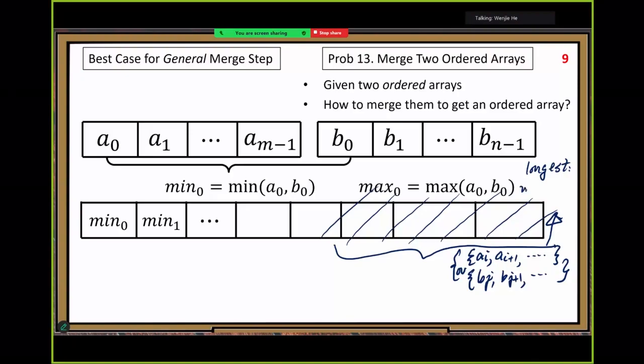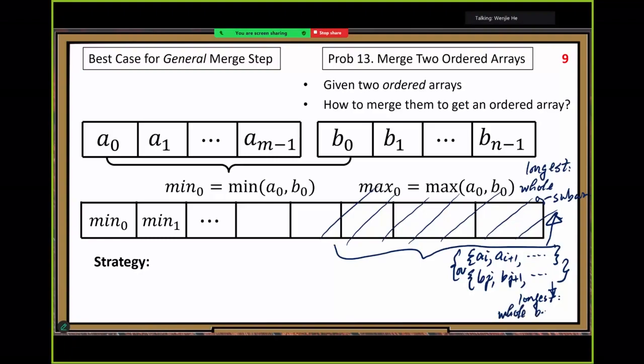For this case, the longest is the whole A subarray. For this other case, the longest is the whole B subarray.